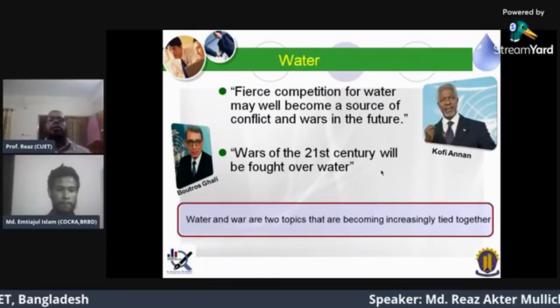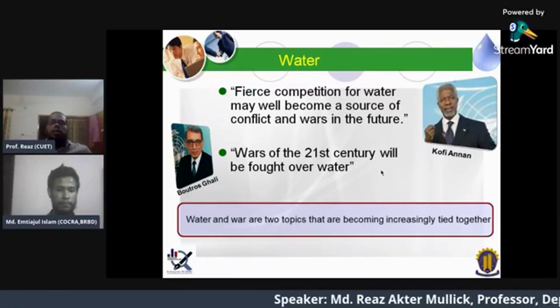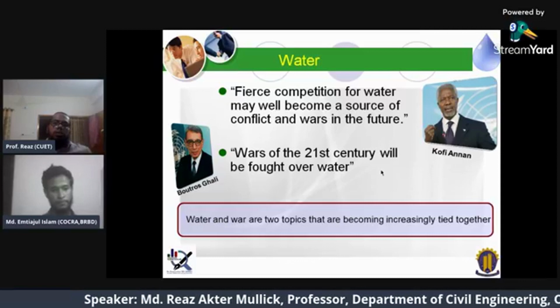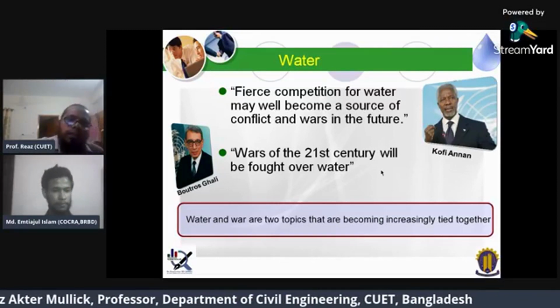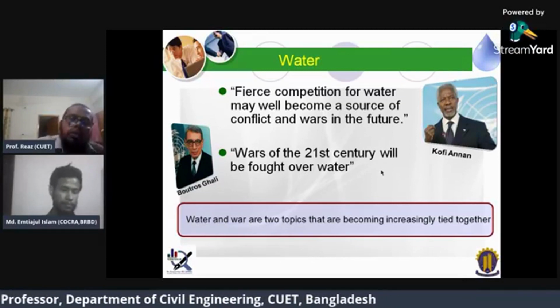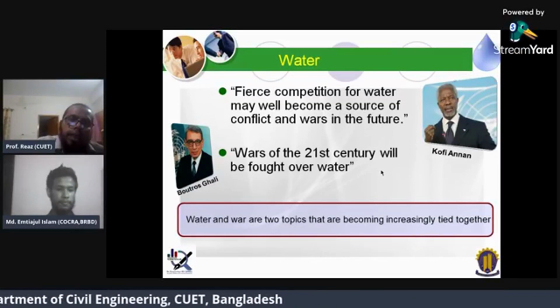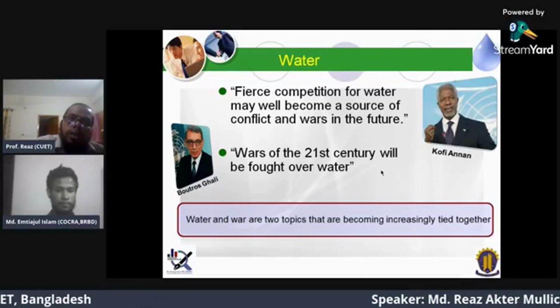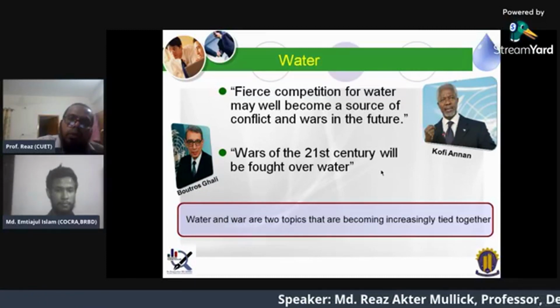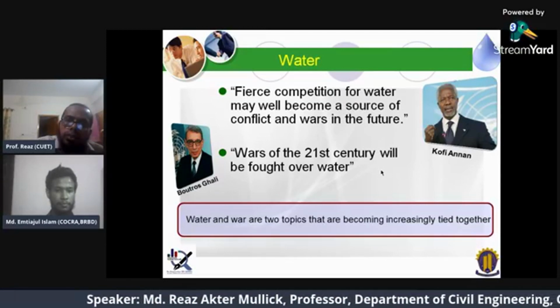So water, how are the world leaders thinking? Kofi Annan, General Secretary of the UN, and another General Secretary of the UN, a few years back, said that fierce competition for water may well become a source of conflict and war in the future. This is from Kofi Annan.